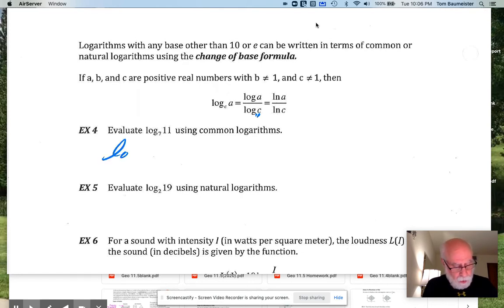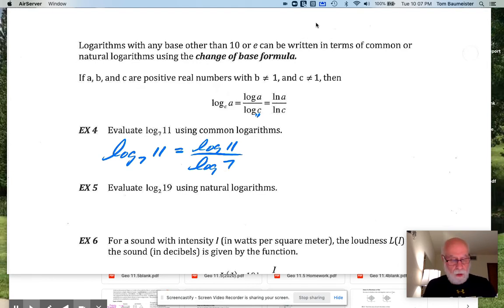So again, I'm just showing you to do it. So log to the base 7 of 11, okay? I can write that as a log of 11 over log of 7.